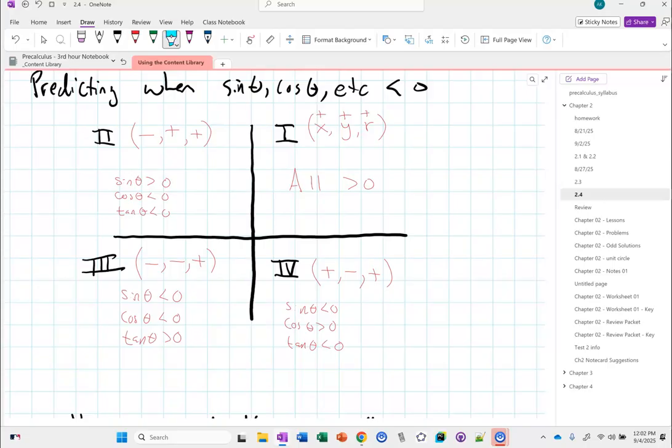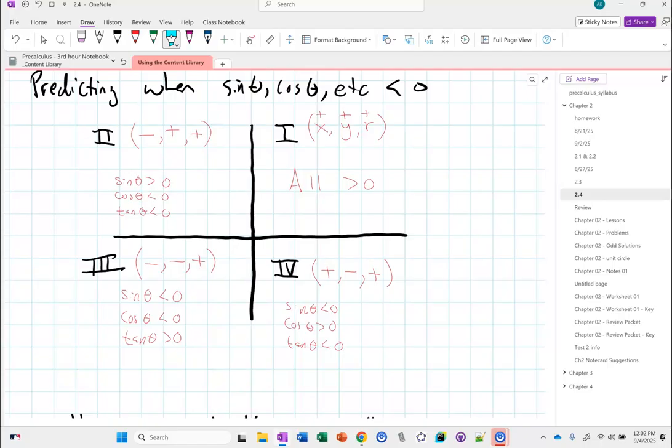This turns out to be a really important piece of information to remember. The way I was taught when I was a math student was through an acronym where we used the first letter of the trig function that was positive in the quadrant.